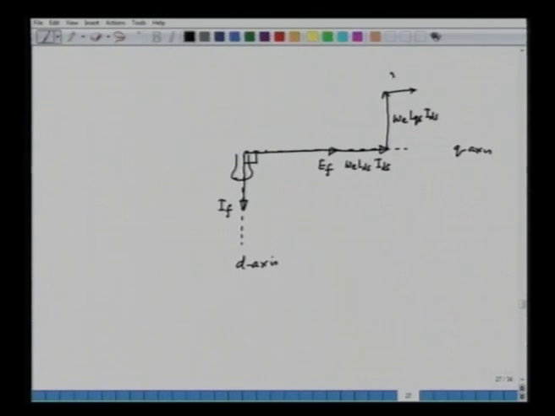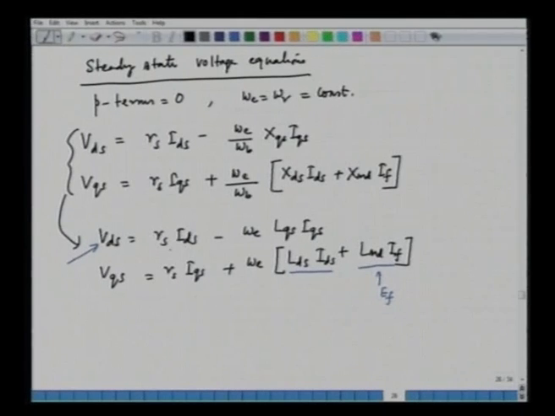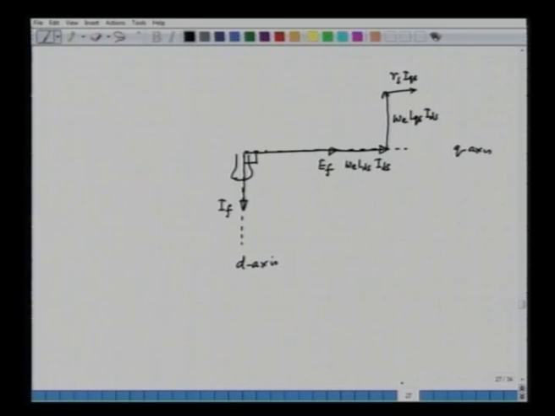So, we can have RS IQS, and then we have the resistance drop in the d axis, which is RS into IDS. Then we can complete the Phasor diagram by drawing the applied voltage, which we can call VDQS.